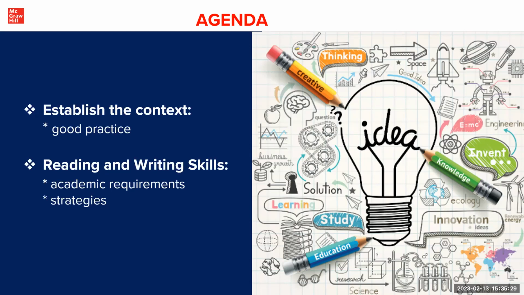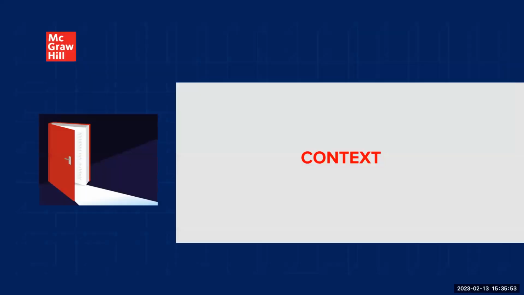So we'll have a quick look at that, and then we'll move on to look at reading and writing skills in terms of the academic requirements, the specifics of those skills, what students need to learn themselves, and what strategies we as teachers can employ to support that learning. Okay, so that's where we're heading.